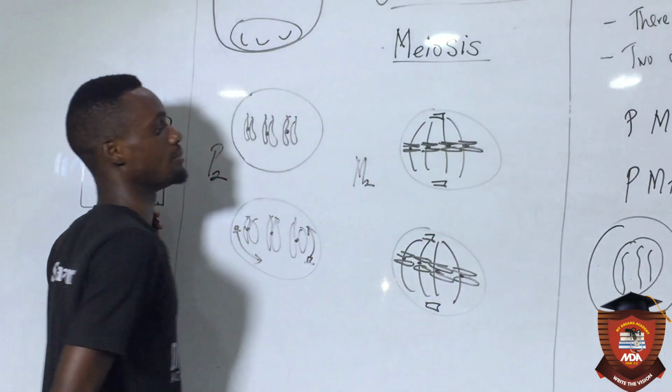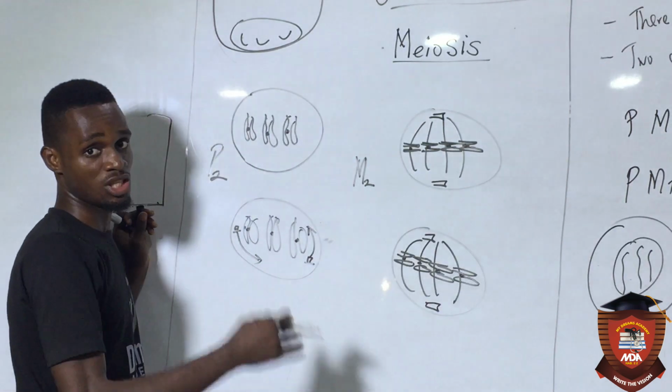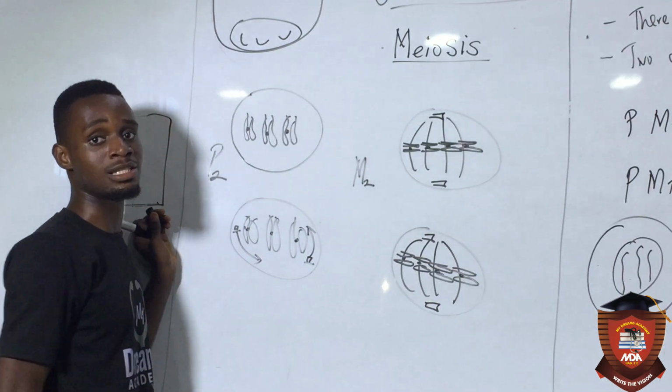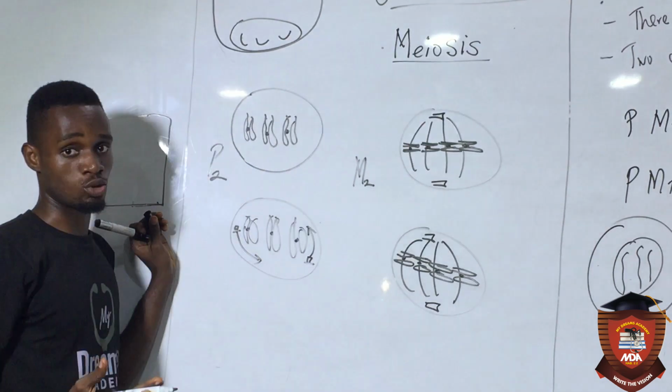This is always in metaphase. But don't forget, this time around, it is not homologous chromosomes. It's just individual chromosomes made up of chromatids attached together at their centromere. So this is basically what happens in metaphase 2.